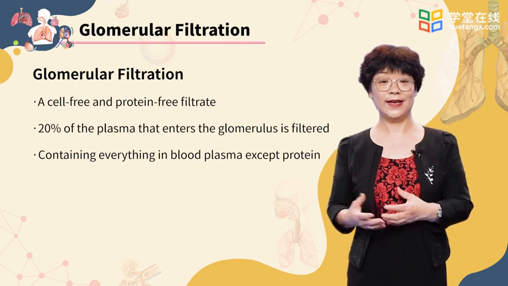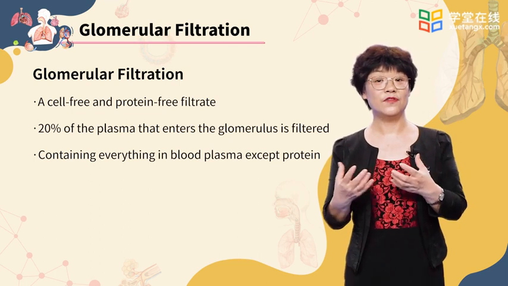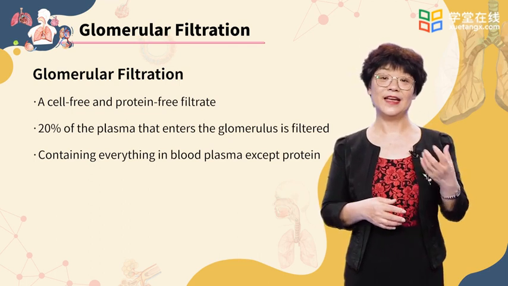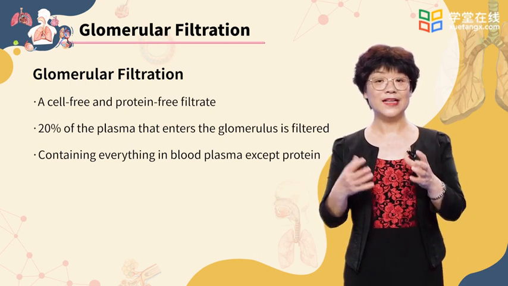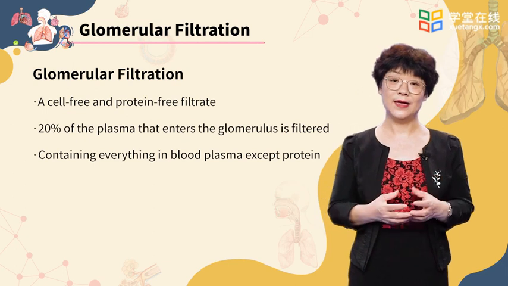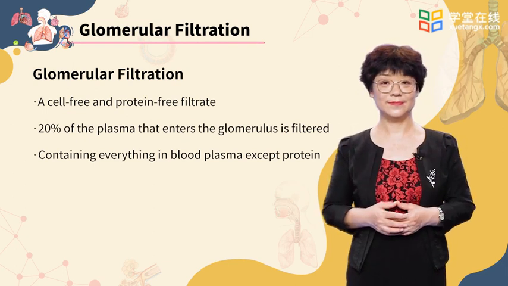The filtered fluid is called glomerular filtrate, like interstitial fluid, containing normally all the substances in the plasma except proteins. In glomerular filtration, plasma is filtered across the filtration membrane, the wall of glomerular capillaries.